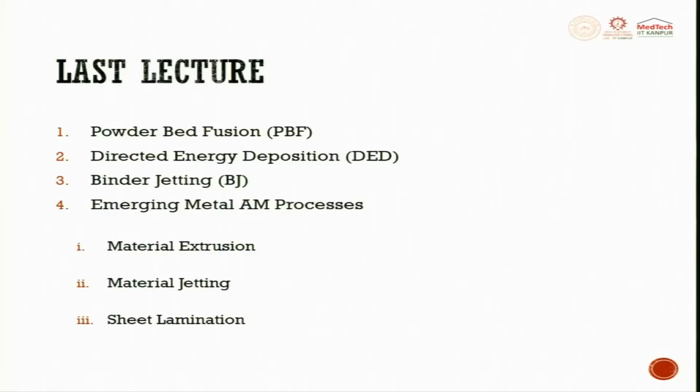Before getting into the lecture, let us have a small recap of what was covered in the last few lectures. In the last few lectures, we were trying to cover various processes which are falling under metal additive manufacturing. We saw powder bed fusion method, directed energy deposition method, binder jetting method.